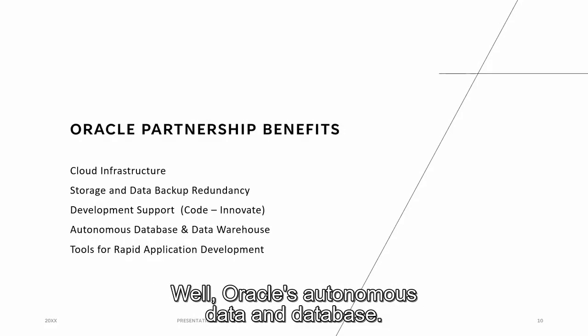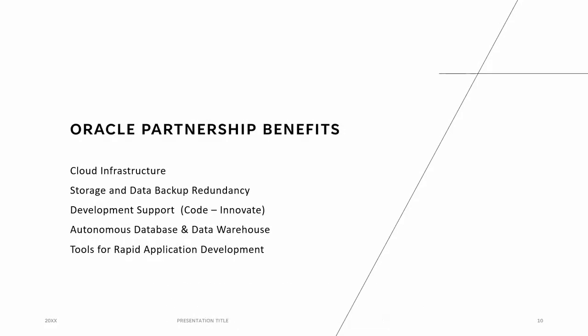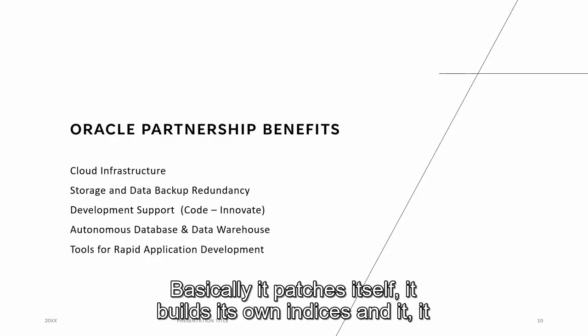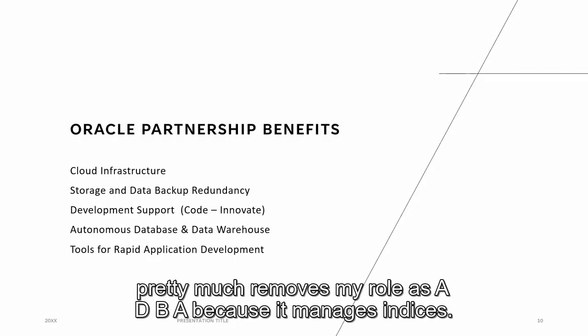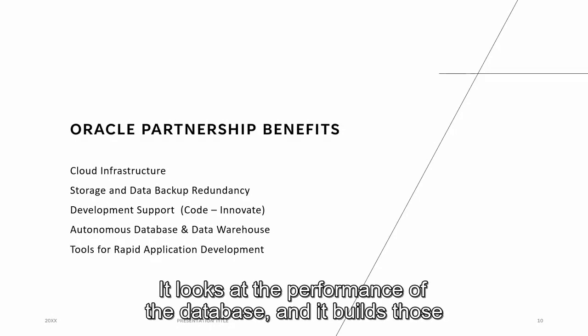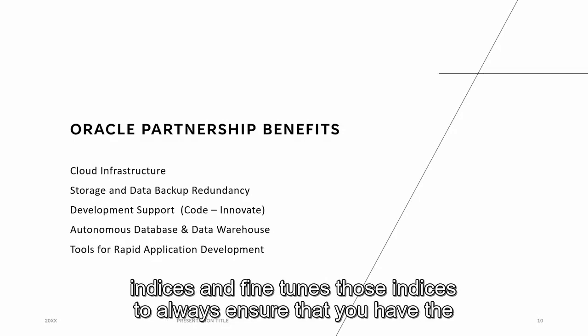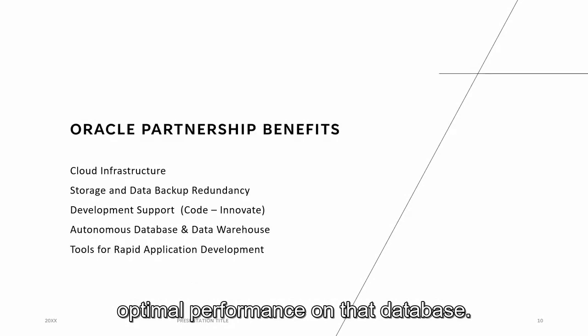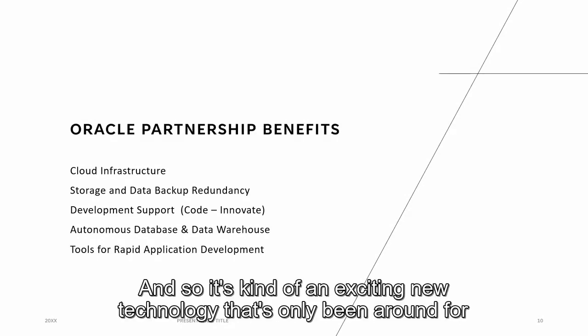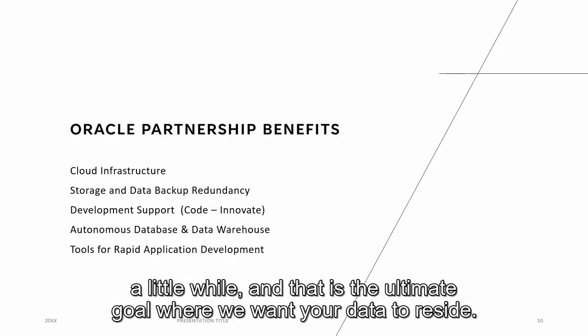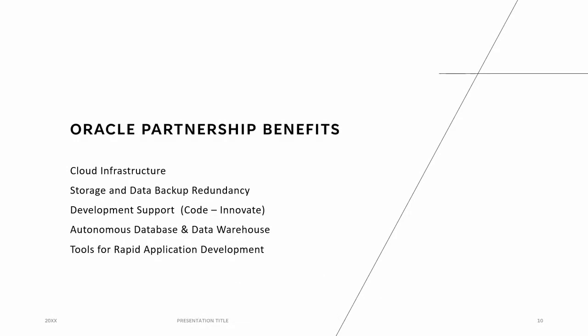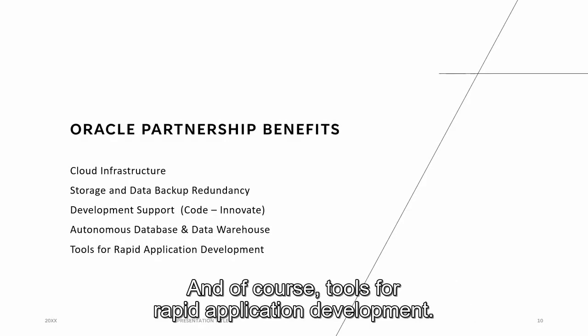Well, Oracle's autonomous database basically patches itself, builds its own indices, and pretty much removes my role as a DBA, because it manages indices, looks at the performance of the database, and builds and fine-tunes those indices to always ensure that you have optimal performance on that database. It's an exciting new technology that's only been around for a little while, and that is the ultimate goal for where we want your data to reside. And of course, tools for rapid application development.